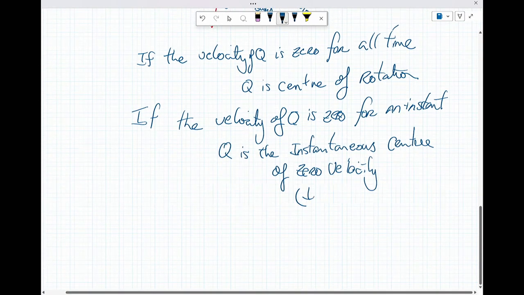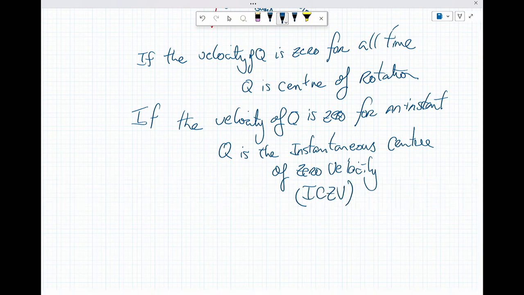And I'm going to always stop writing all of that and just put ICZV.